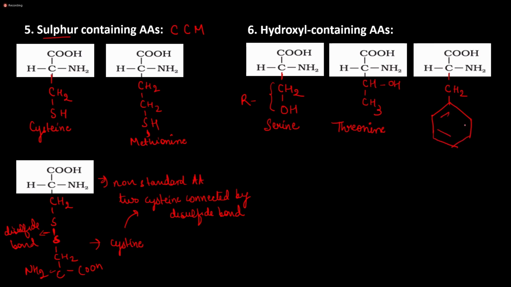So it comes under both categories, the hydroxyl containing amino acids as well as the aromatic ring containing amino acids, because it has an aromatic ring. So this is the sixth type of the amino acids based on the R group.